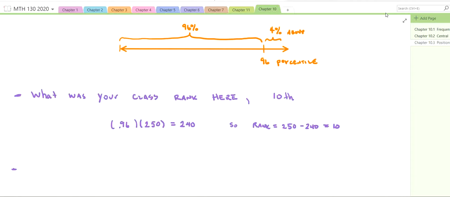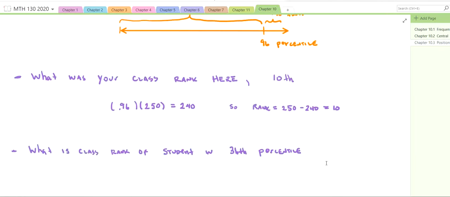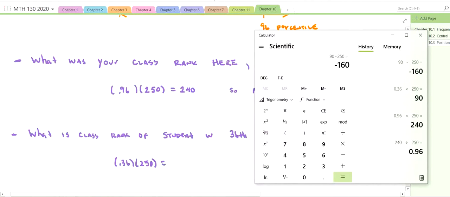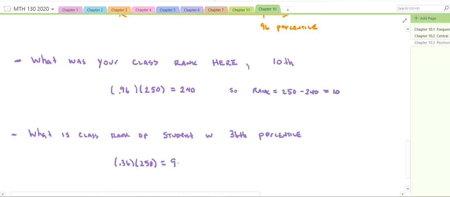Why is understanding how to calculate that important? Well, you might want to know the class rank of somebody else. Like, what is the class rank of a student in the 36th percentile? So we could do the same thing. 0.36 times 250 equals 90.